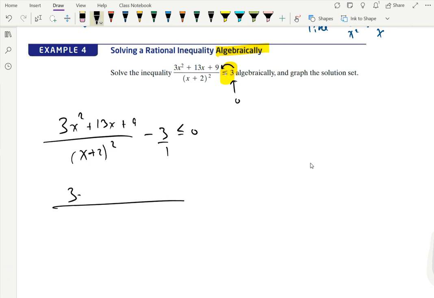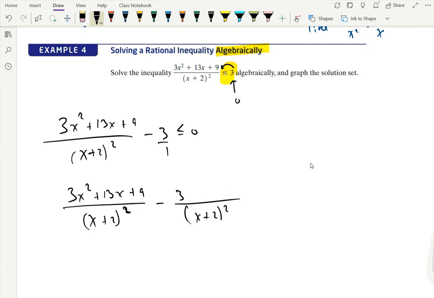On the left side, I'm still going to have 3x squared plus 13x plus 9 over x plus 2 quantity squared, minus 3, and now I need this to be over x plus 2 quantity squared also. Originally it was just 1, so since I multiplied the denominator by x plus 2 quantity squared, we also have to multiply the numerator by that same thing, and of course we're still less than or equal to 0.